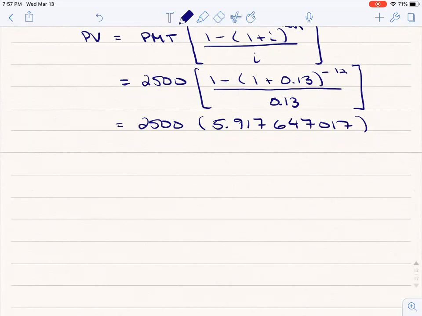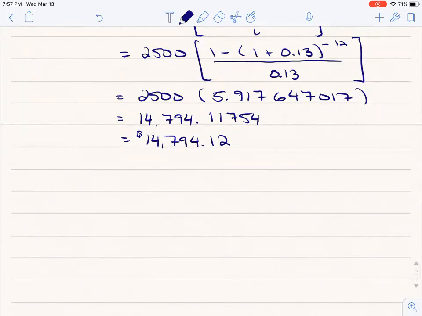Times 2,500, so the loan is 14,794.11754. So in money, he borrowed $14,794.12.